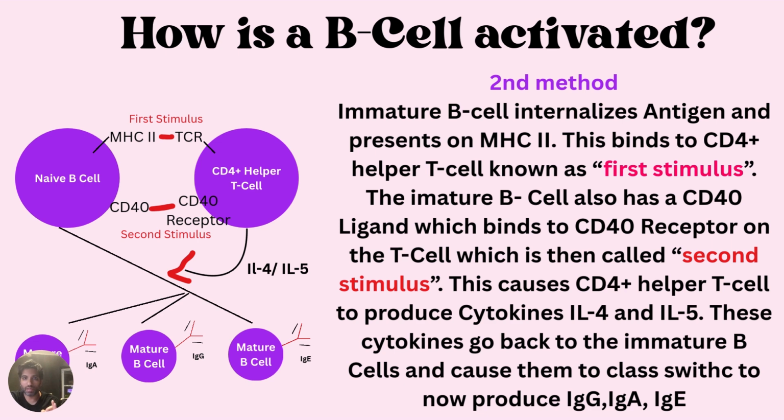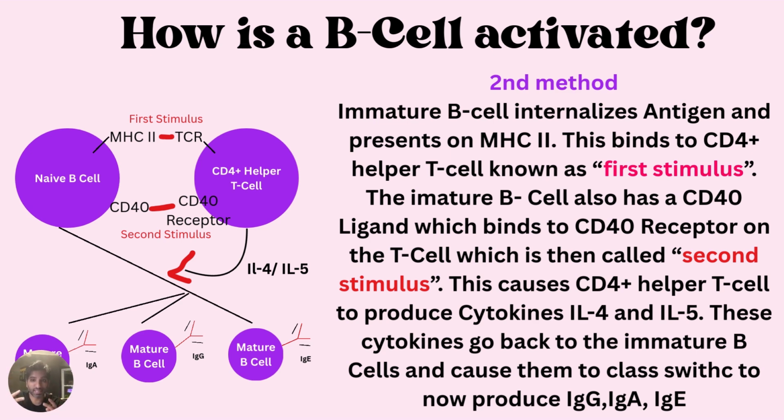But the second method of B cell activation is by this whole mess. It requires two stimuli. The first stimulus is that the naive B cell takes in the antigen and presents it as an MHC2 to a CD4 helper T cell, like we talked about before, which has a TCR receptor. That's the first stimulus. Then the naive B cell presents a CD40 ligand, which binds to the CD4 helper T cell.